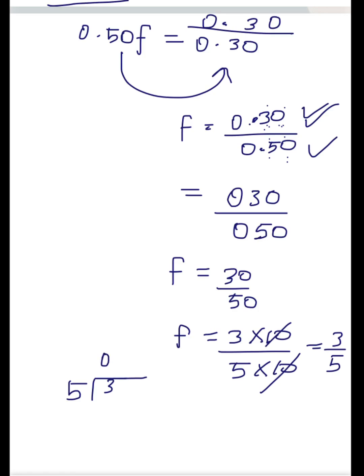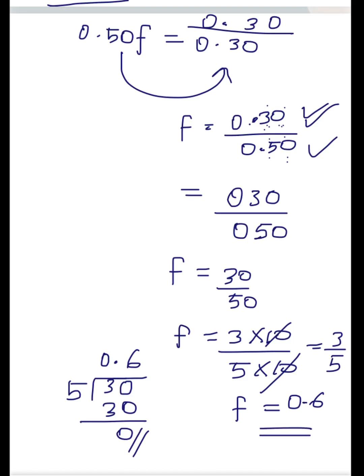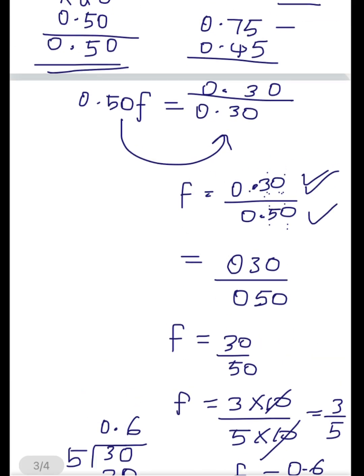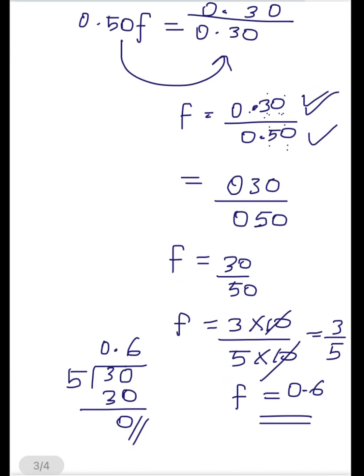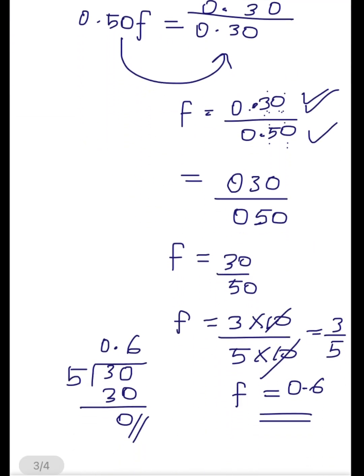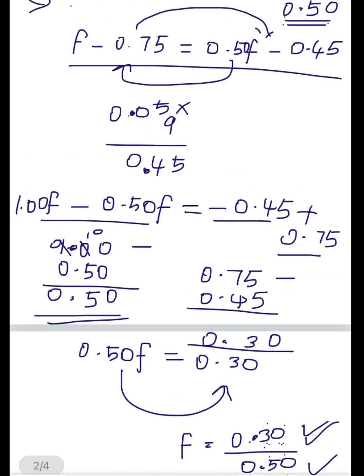Now how will you put the decimal point? You can just add a 0 here, and put the decimal point here. Now in 30, how many 5s are there? 6. 6 fives are 30. In this way you are doing the division of these types of numbers. So f is equal to 0.6. Understand? 3 divided by 5. So you got the answer f as 0.6.